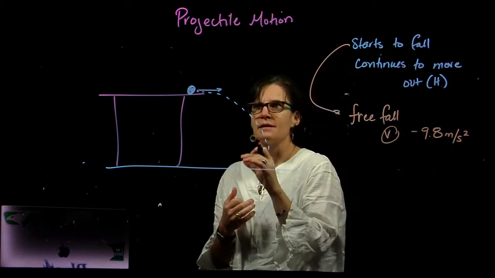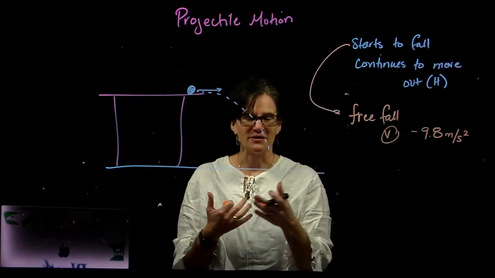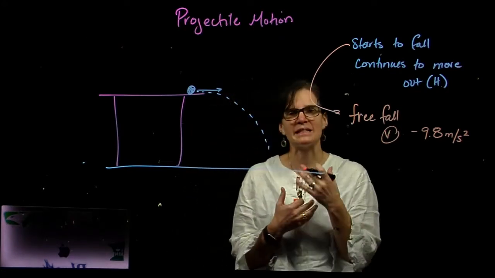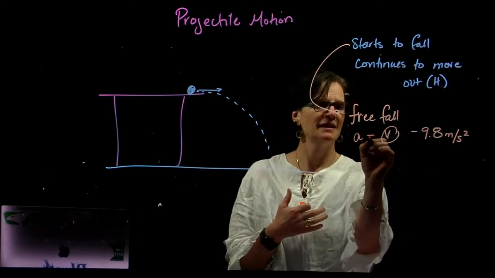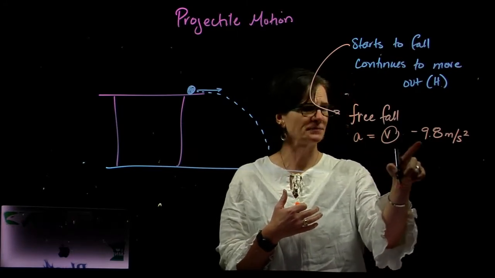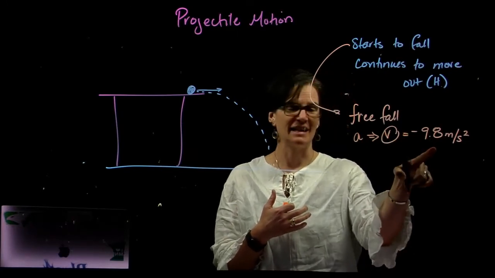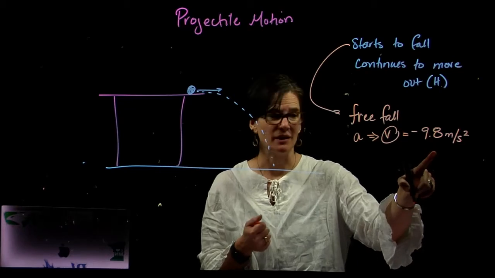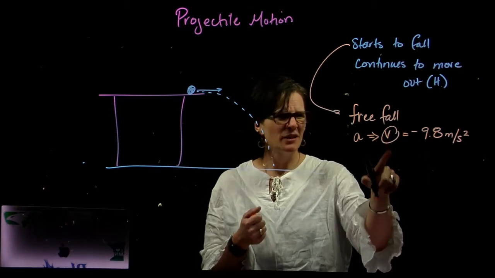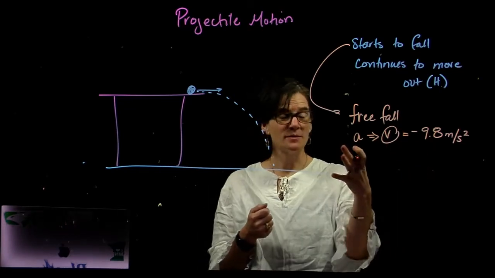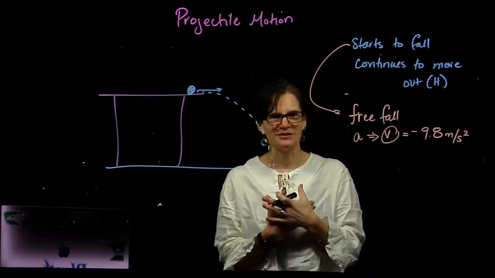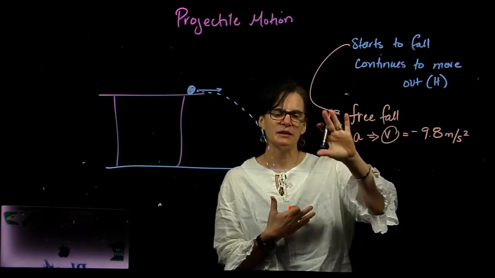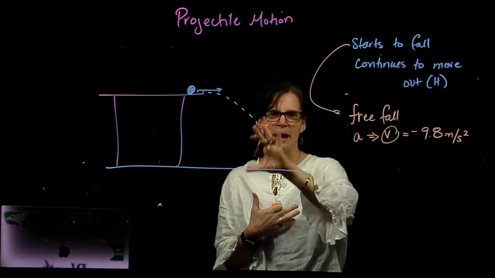So the ball, or whatever's in projectile motion, is experiencing this acceleration in the vertical direction at negative 9.8 meters per second squared. It's only in the vertical direction. We talked about free fall being only under the influence of gravity, and gravity only acts in the vertical direction, so the acceleration piece is happening vertically.